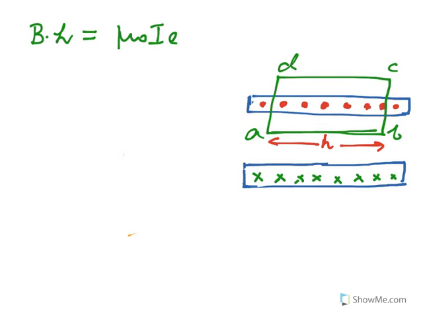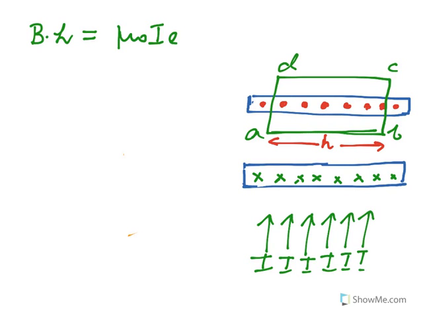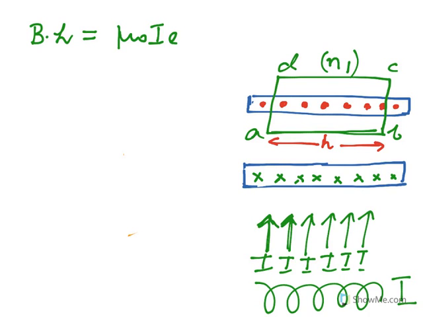The loop can be thought of as enclosing straight conductors, each of them carrying current I, because the loop encloses n1 turns, and each turn can be shown as a straight conductor carrying current I, because the solenoid is carrying current I. Each of the turns would obviously carry the same current.